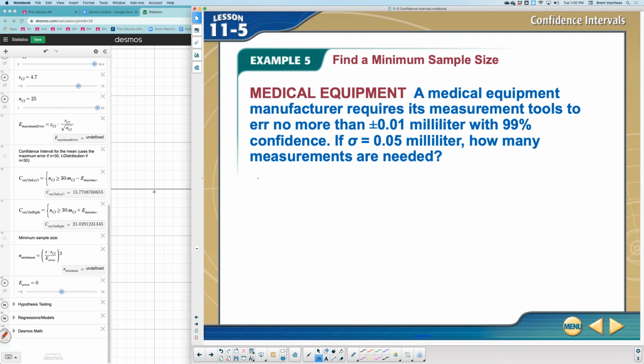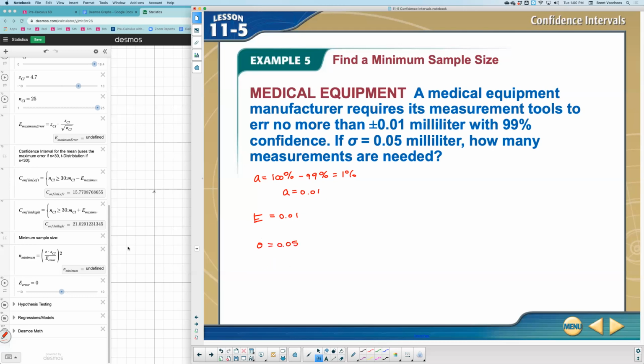The alpha value is going to equal 100% minus the 99% confidence, which is 1%, or we could say alpha is 0.01. We want the error to be no more than plus or minus 0.01, and also we have this standard deviation of 0.05.